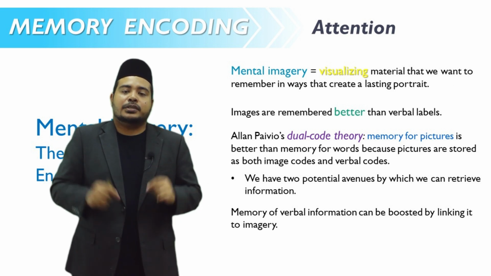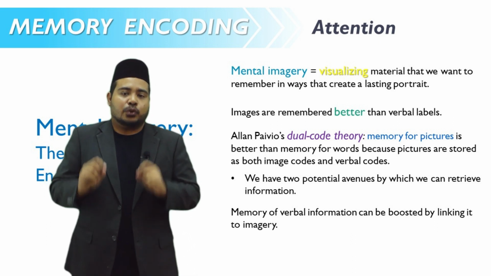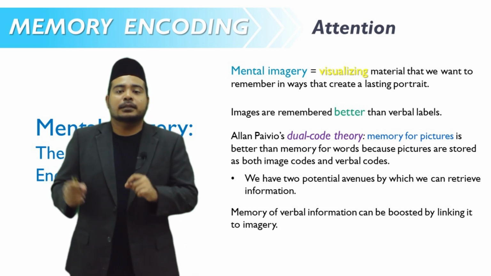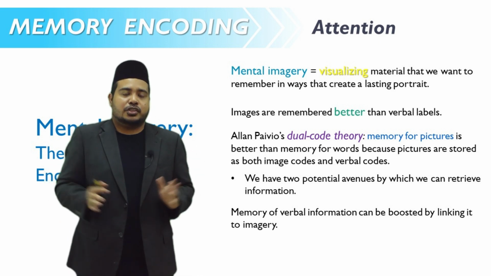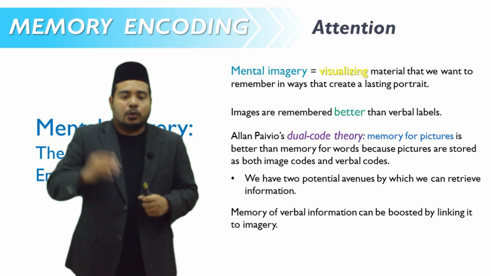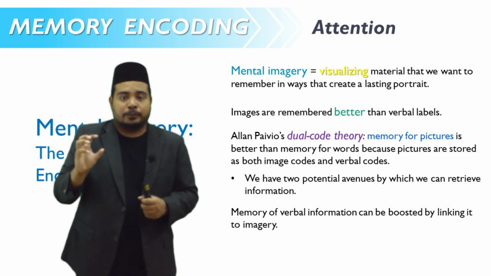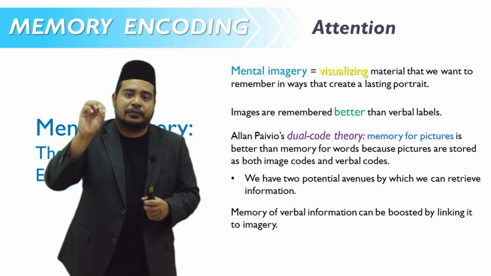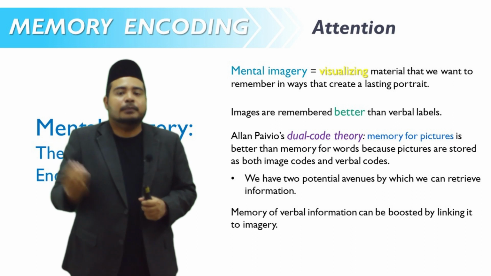Why? Because pictures are stored as both image codes and verbal codes. In other words, when we look at photos, we store this information in our brain in two forms: the picture itself and the sound of the picture, image codes and verbal codes.